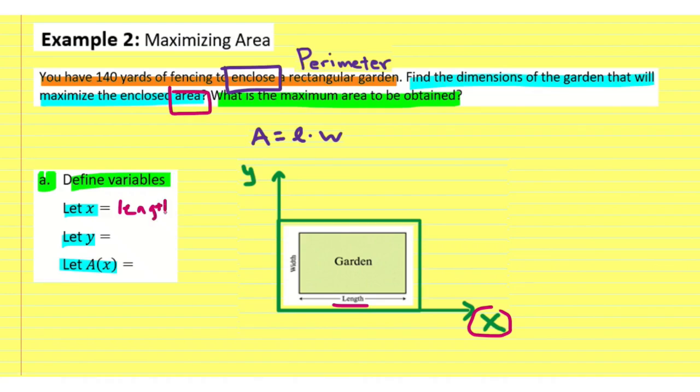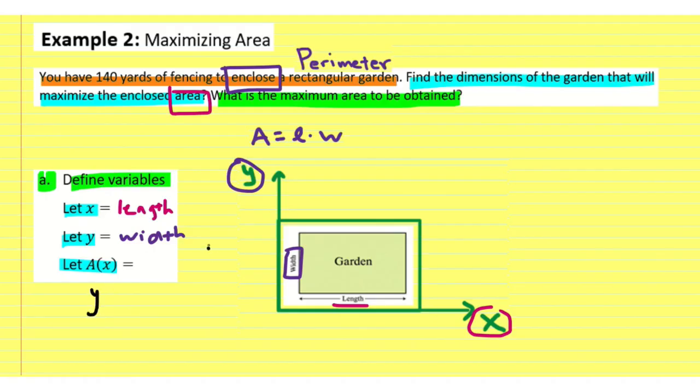Okay, and then we will also look at the y-axis over here. The y-axis is talking about the width of the garden. So we'll call that the width. Let y equal the width. Okay, and then this says let A of x. Well, we always have to remember that our y is interchangeable with our function notation.